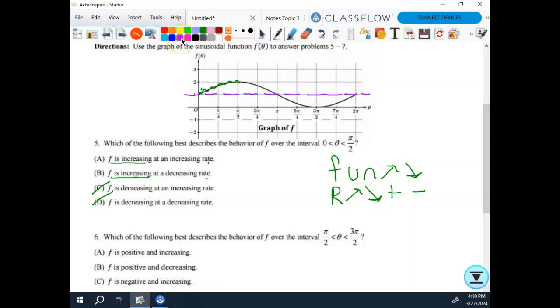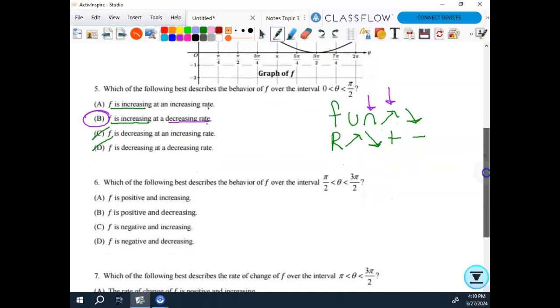Okay, so we know here the function is concave down and it is increasing, which means my rate is decreasing and positive, but it's decreasing that I'm looking for. My answer is B.